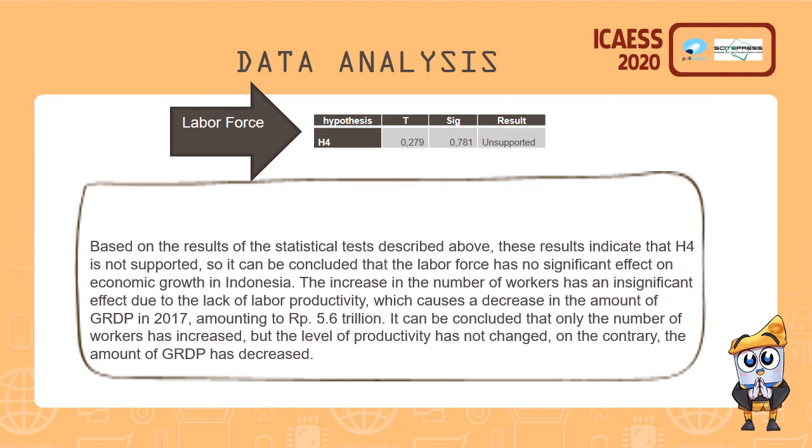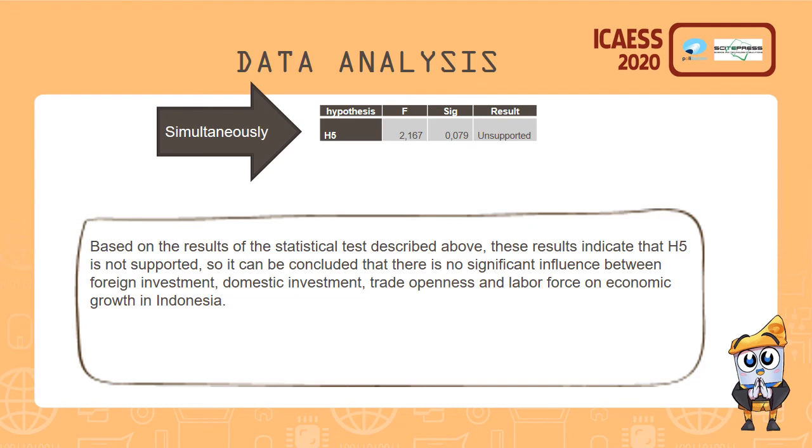The increase in the number of workers has an insignificant effect due to the lack of labor productivity, which caused a decrease in the amount of GRDP in 2017 amounting to 5.6 trillion. It can be concluded that only the number of workers has increased, but the level of productivity hasn't changed. On the contrary, the amount of GRDP has decreased.